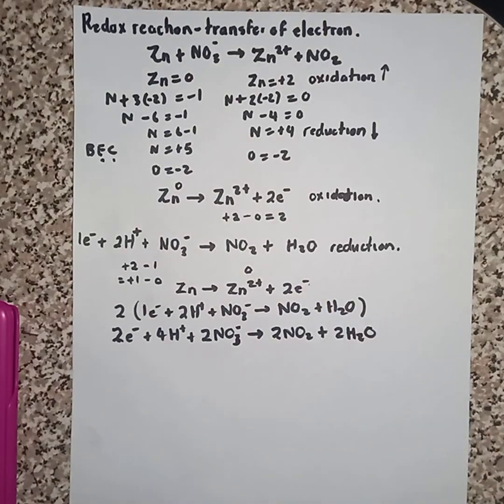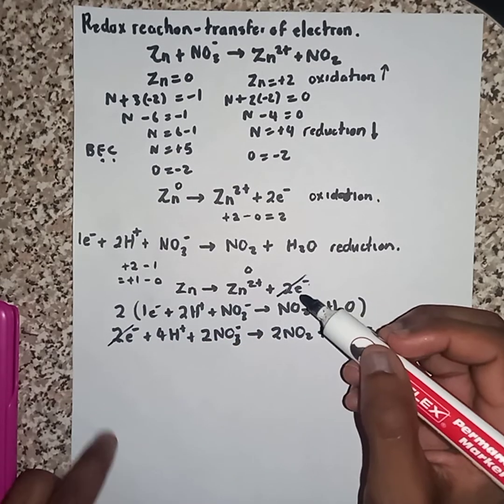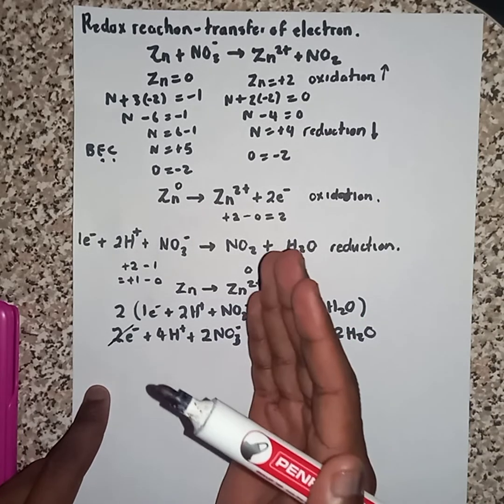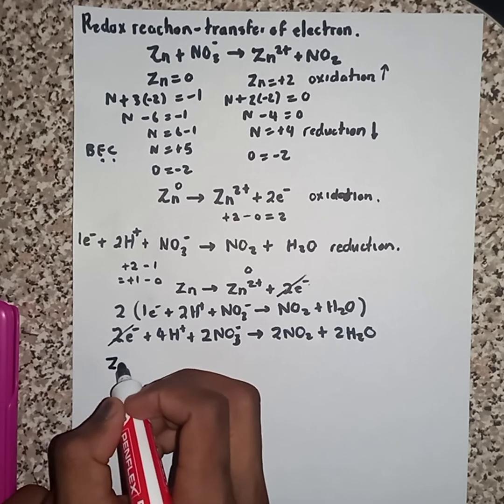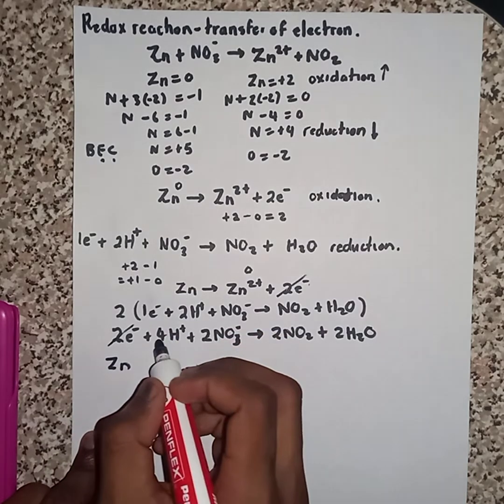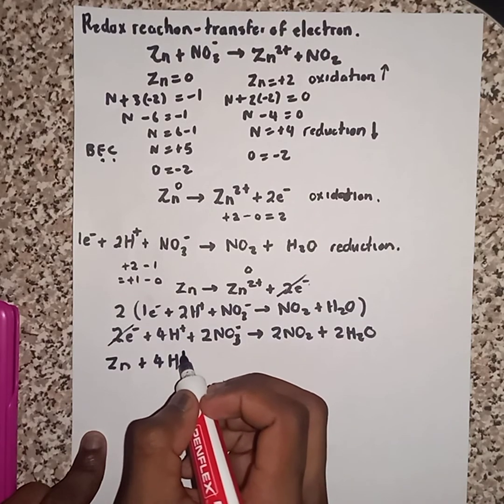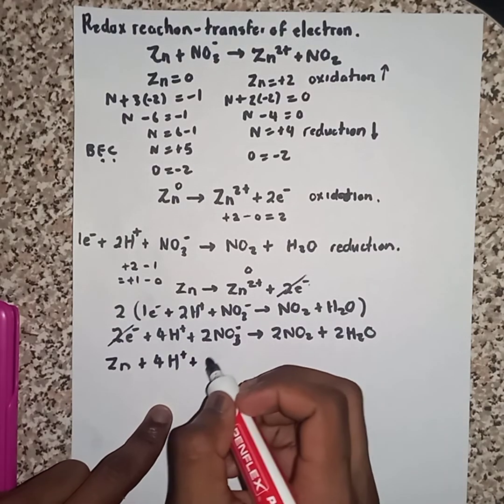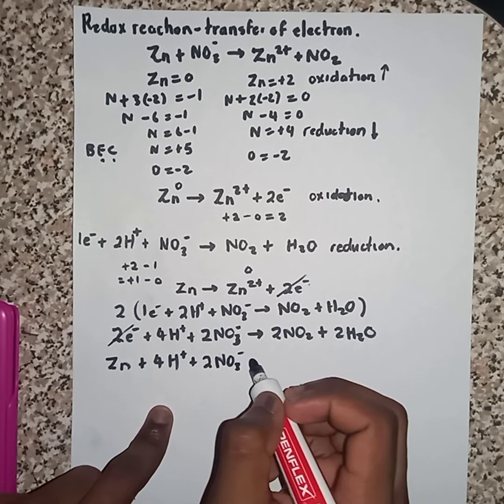From here, I can write my overall net equation. I'm going to cancel this 2 together with that 2. Then you write everything which is on your left together: Zn plus 4H plus 2NO3 minus.